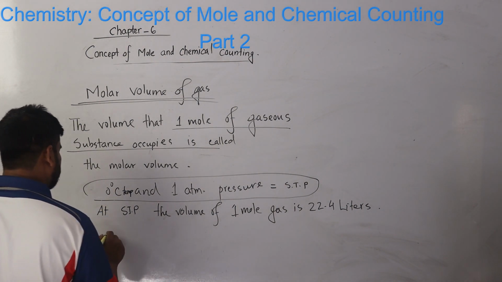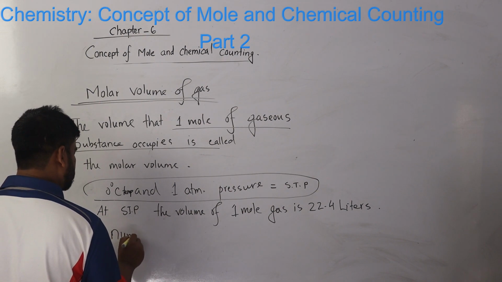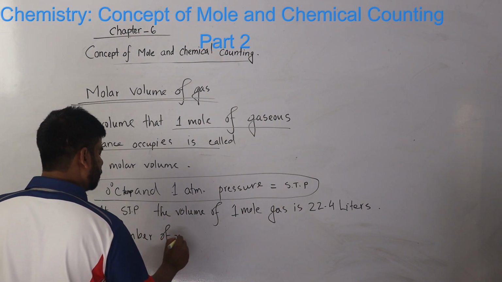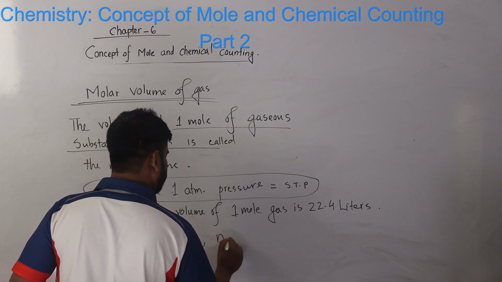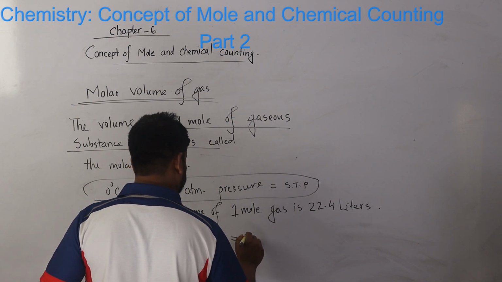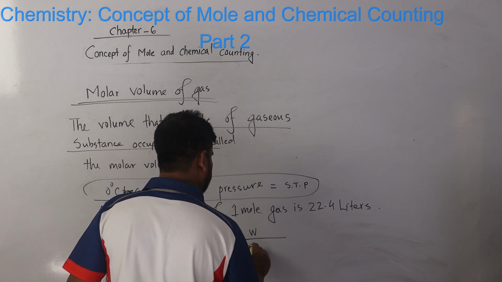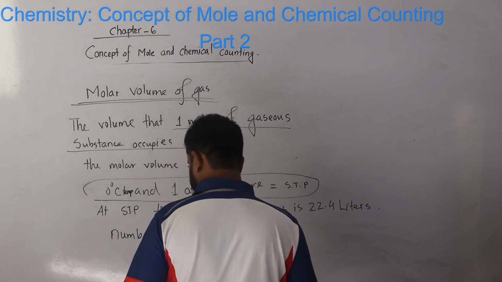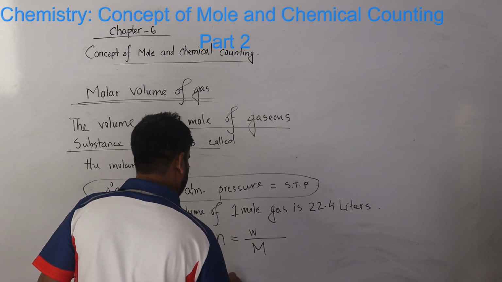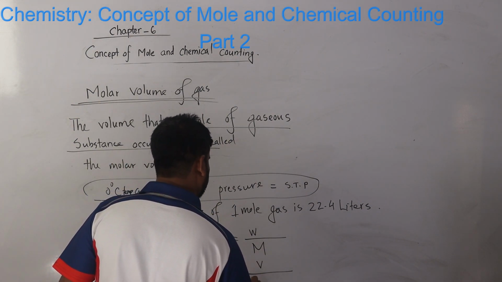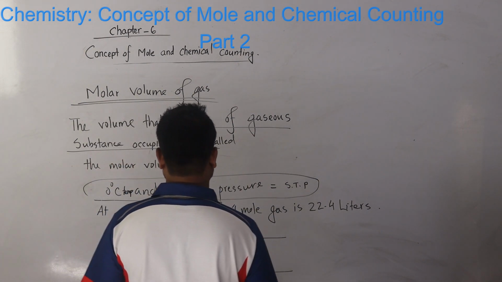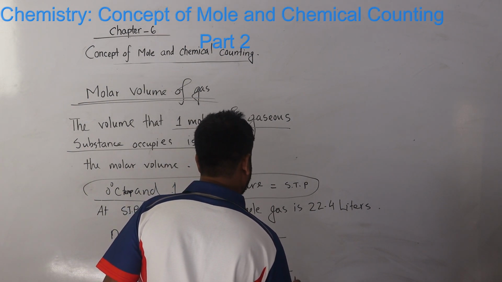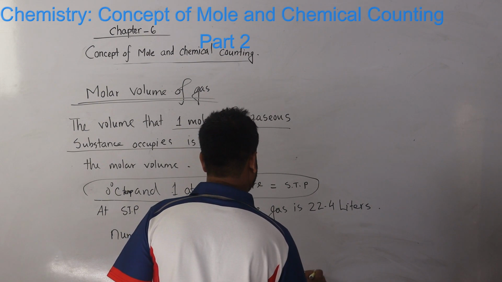So we can find out the number of mole, denoted by small n, equal to mass divided by molecular mass, or n equal to volume divided by volume of 1 mole, or molar volume.